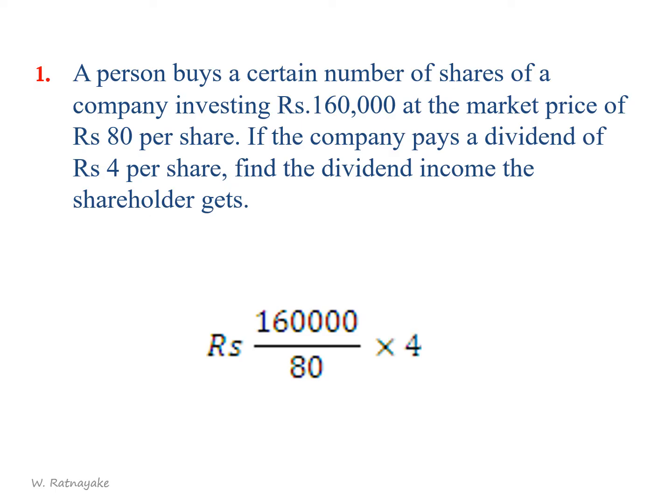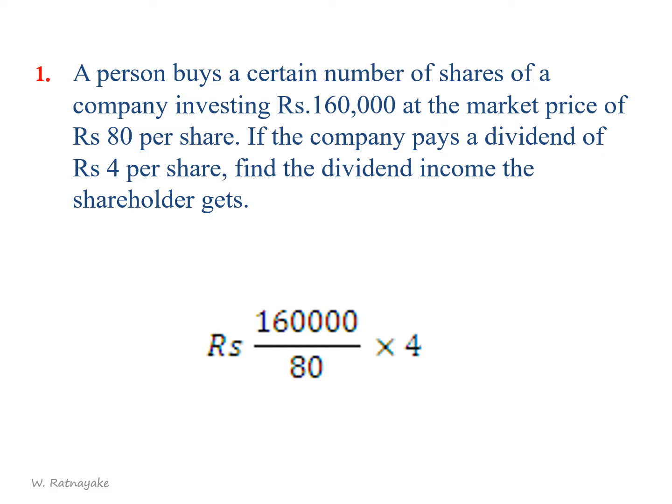Now this numerical expression we can simplify using the rules of simplification of fractions. We know in a fraction a denominator is there and a numerator is there. If there are common factors for the numerator and the denominator, we can divide both by that common factor.